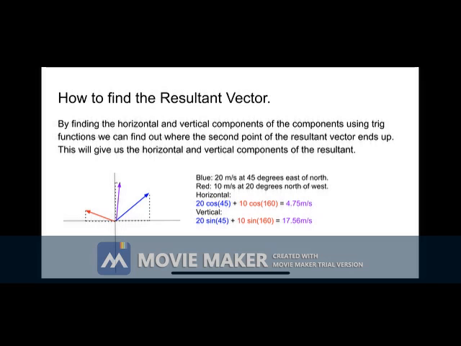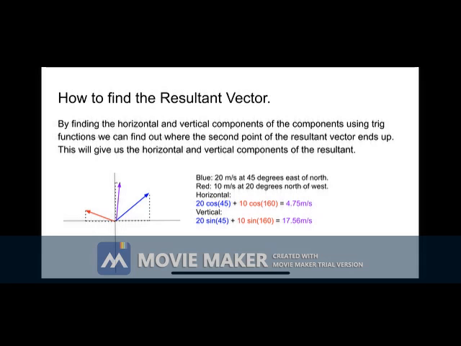So in the example below, blue line is 20 meters per second at 45 degrees east of north. The red line is 10 meters per second at 20 degrees north of west. Using trig functions, we can find the horizontal displacement by adding the horizontal displacement of the blue line and the red line using the cosine.